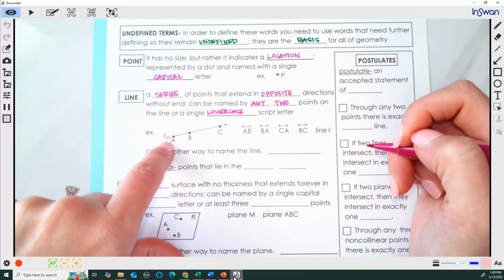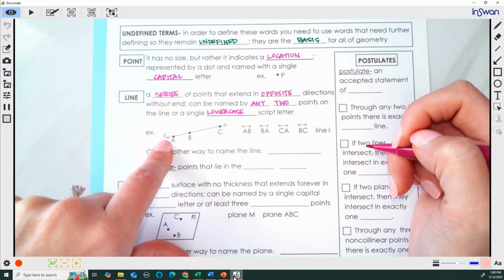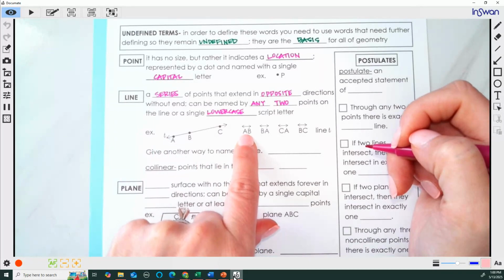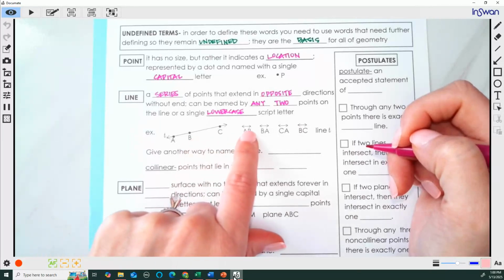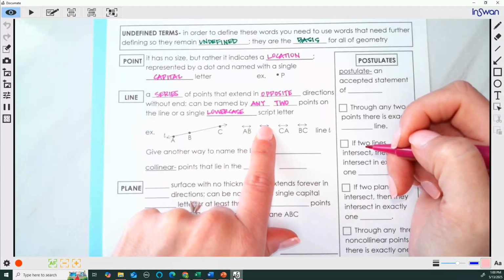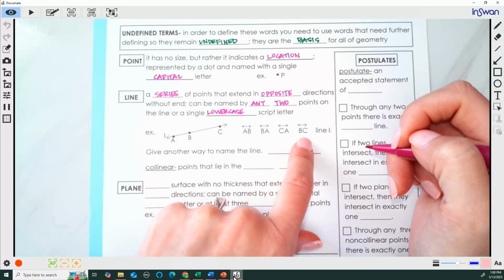We could also use this cursive script lowercase letter here, T. So some options for naming this line would be line AB, just picking out 2 of the points and putting a little mini line above it. Line BA is acceptable, same thing. CA is acceptable. BC is acceptable.